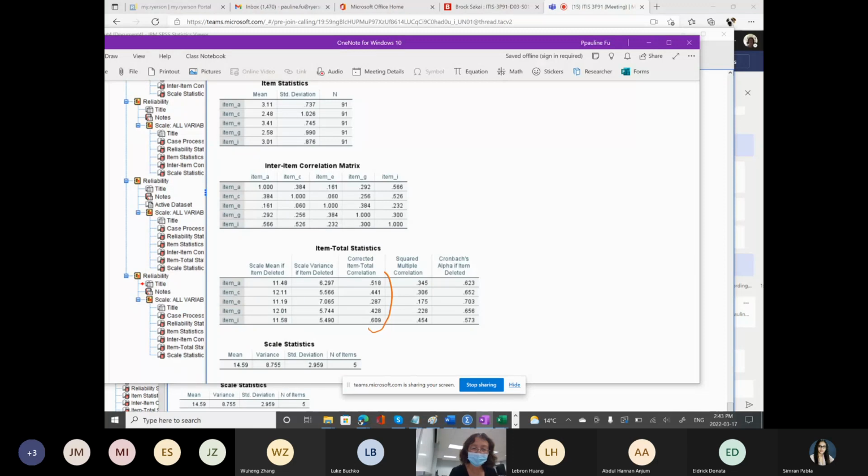If you take a look at all of those coefficients, it's pretty good.